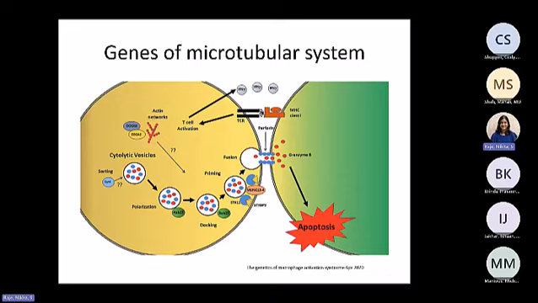And so some of these are really important to remember. Defect in LYST can cause Chediak-Higashi syndrome. RAB27A is another one. MUNC13-4 is another one. STXBP2.